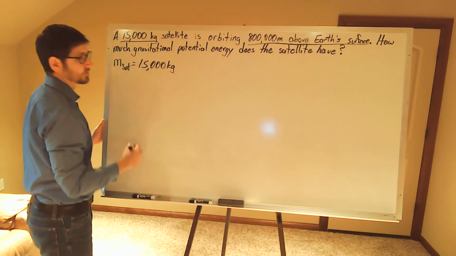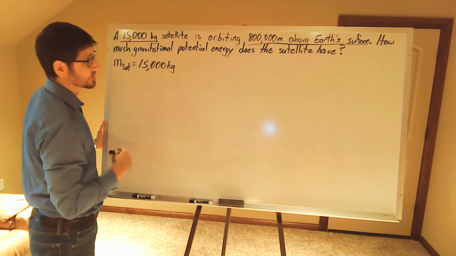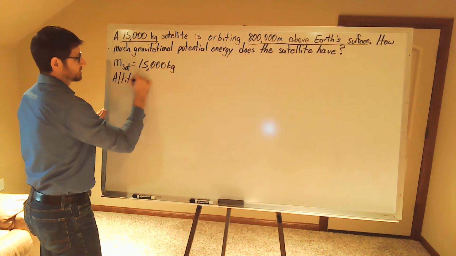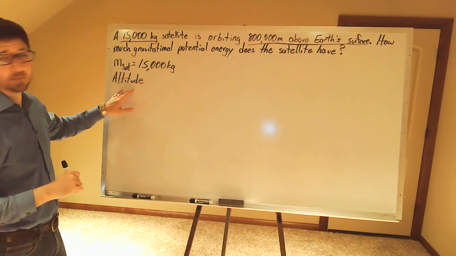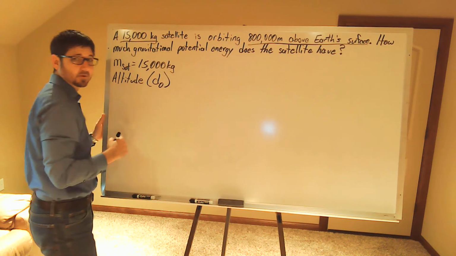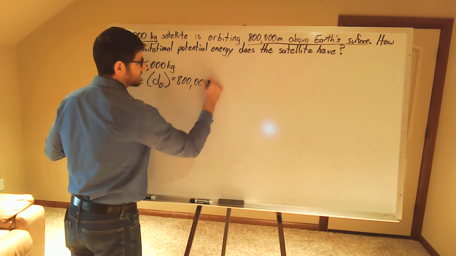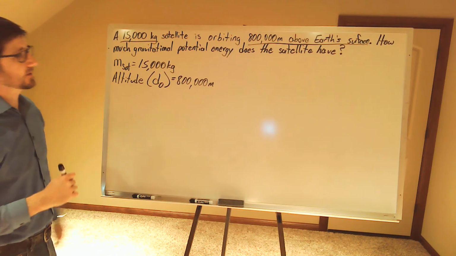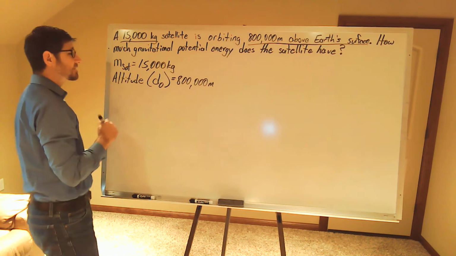Our altitude, so the satellite is 800,000 meters above Earth's surface. The variable that we're going to use to represent altitude is d sub 0. 800,000 meters. And it wants us to calculate the amount of gravitational potential energy that the satellite has.